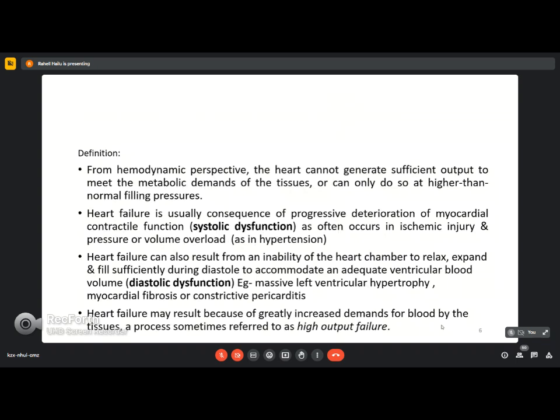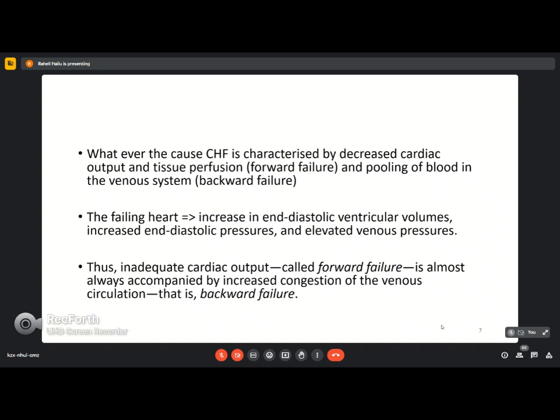So it's not structurally or functionally abnormal, but the workload is just intense and very high. If it fails as a result of that, that is known as a high output failure, particularly if the excessive thyroid hormone is not withdrawn or corrected immediately.